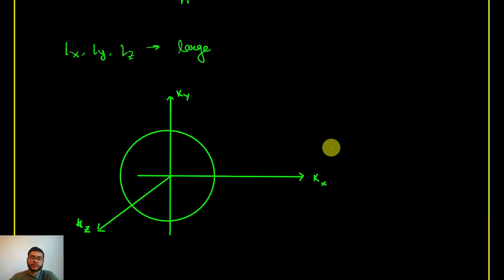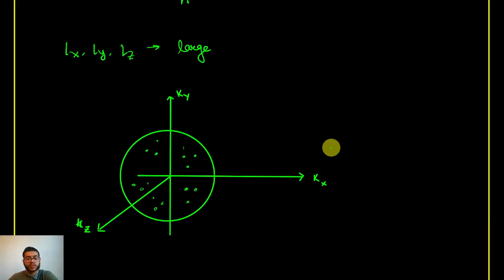And in this case, we want to convert these summations over to integrals. We know that there are only discrete kx and ky, discrete k points allowed in the system.